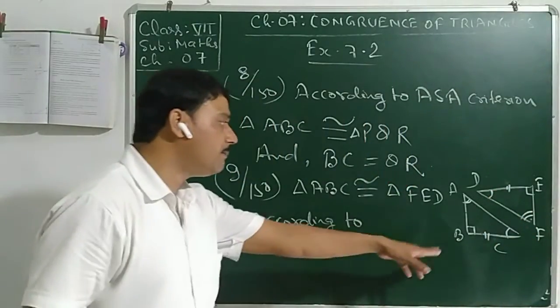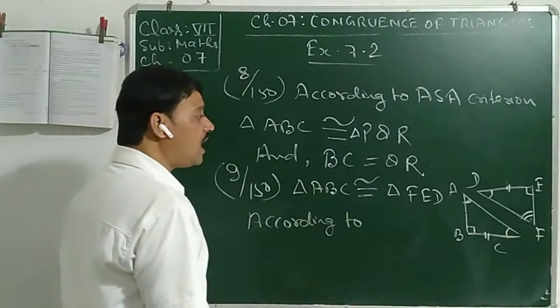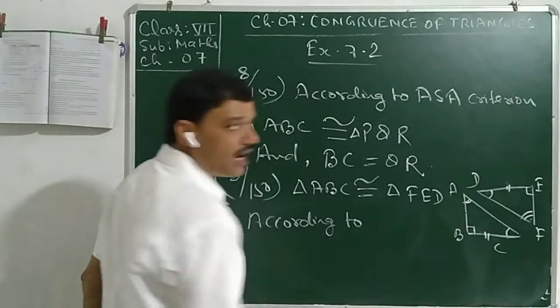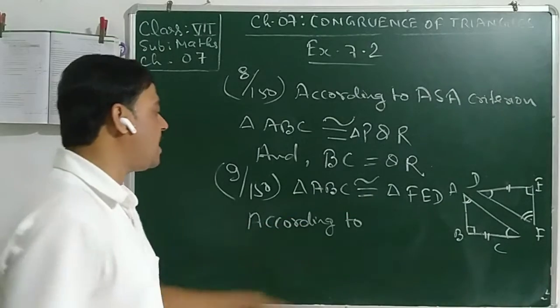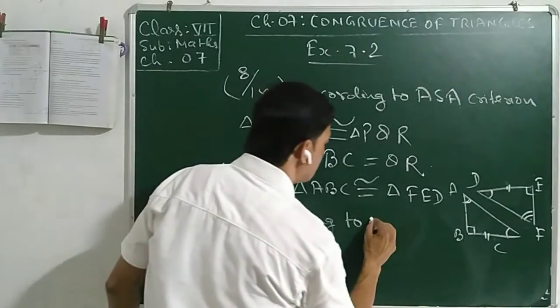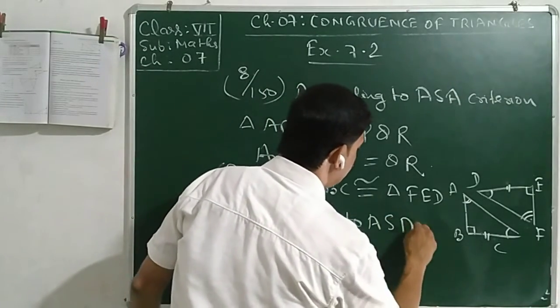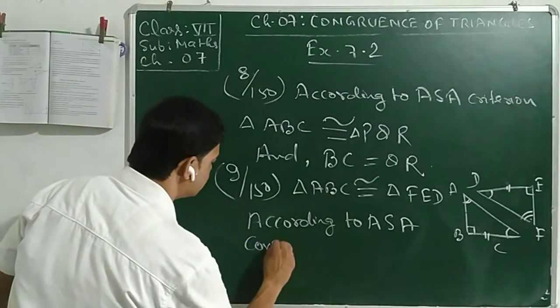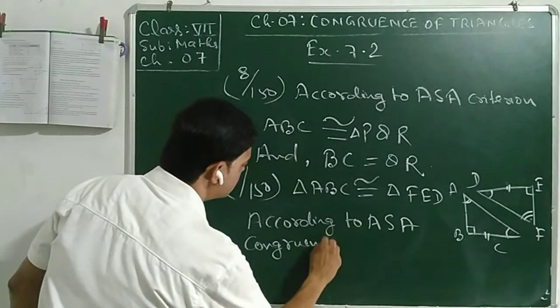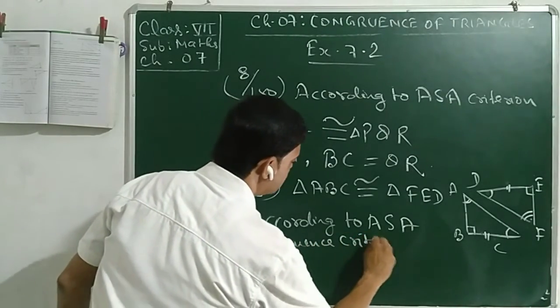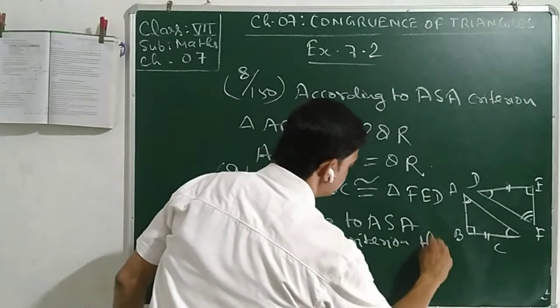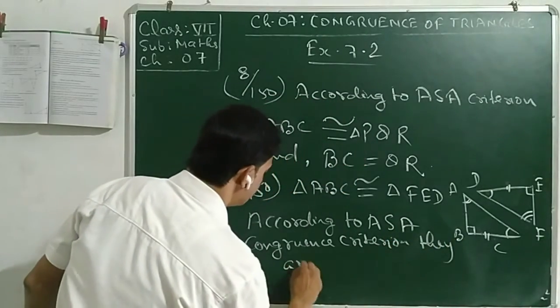Mark 1 arc on C, mark 1 arc on D to show that they are equal, and we will write according to ASA congruence criterion, they are congruent.